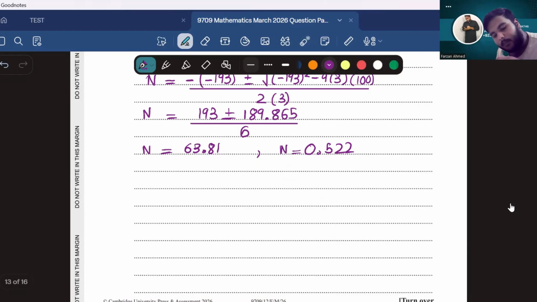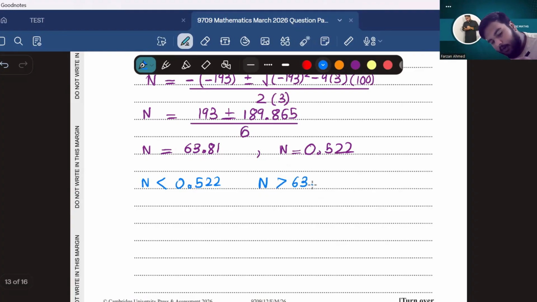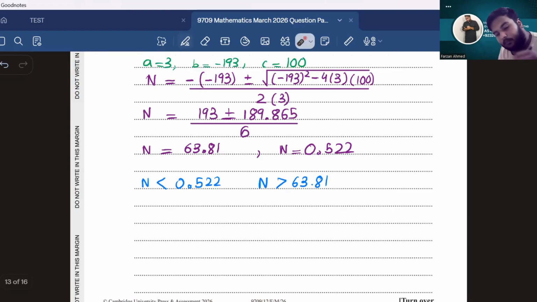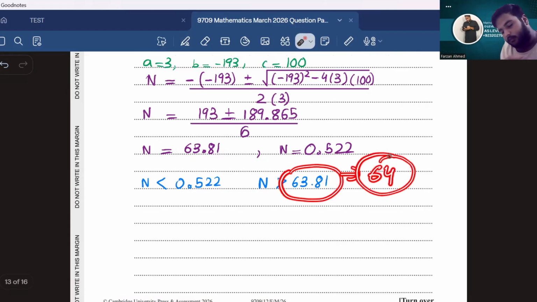So what is the smallest? Now n is less than 0.522 and n is greater than 63.81. So what is the smallest? If we round up, it would be 64.